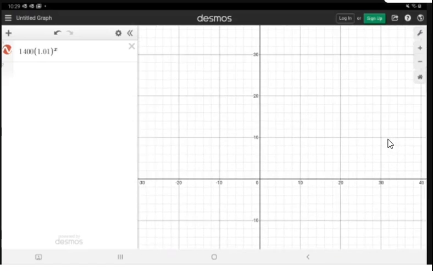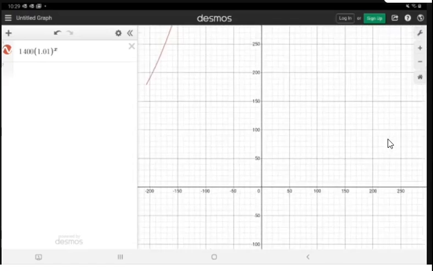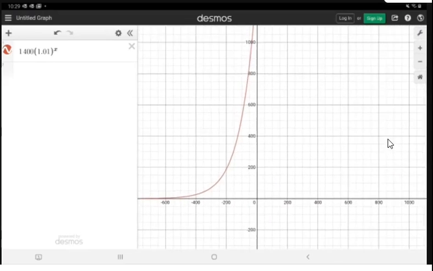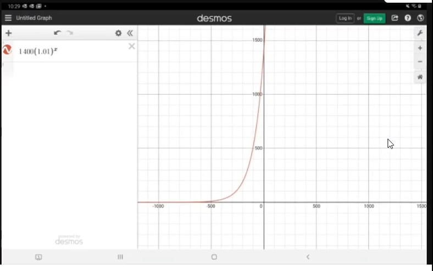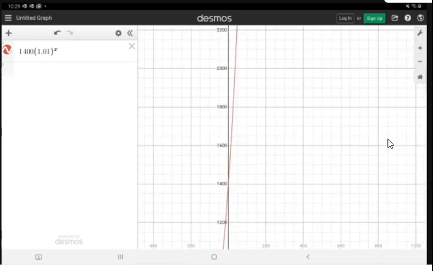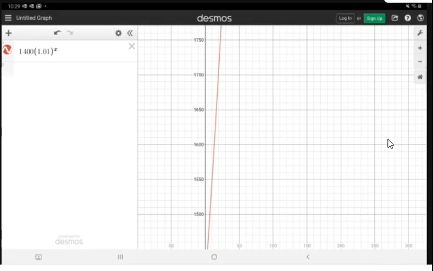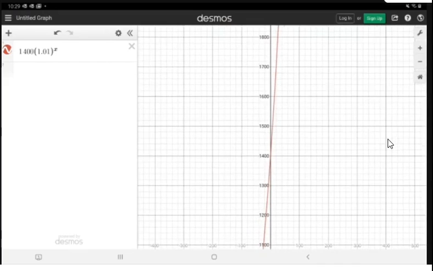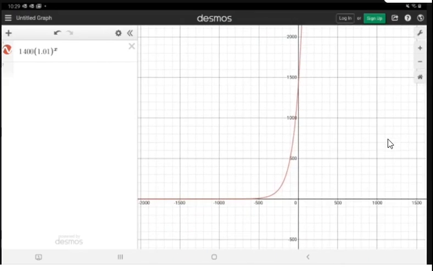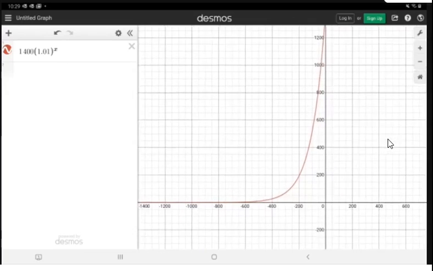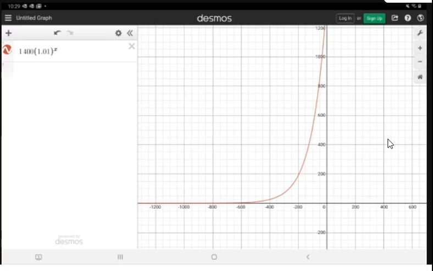If we zoom way out, there it is. Now you can see that it's an exponential function. When we were looking at the graph, we were just looking at kind of this little section of it right here, which looks like a straight line. But if you get the whole graph in your picture, you can clearly see this is not a line. This is an exponential curve. And notice that as you read it from left to right, it goes up. That means it's a growth function.